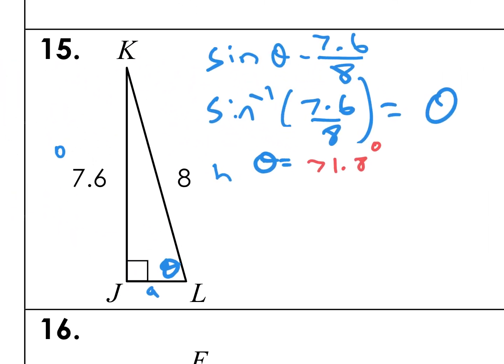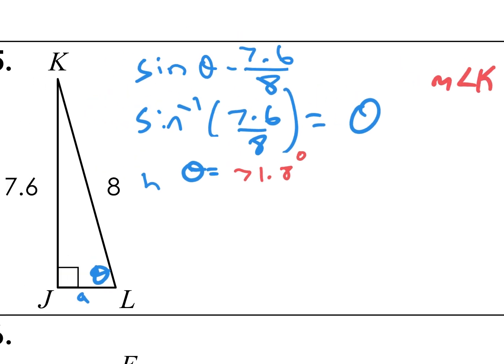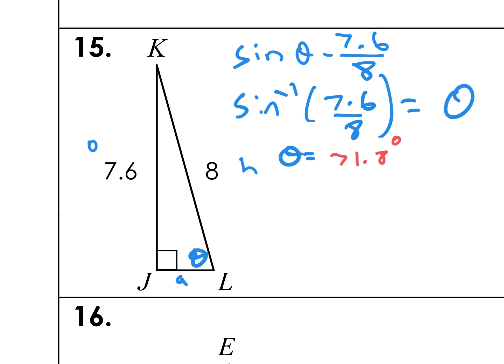Now, is there a fast way to get the measure of angle K? You could do trig if you want. But what do you know about all three of those angles, J, K, and L? What do they add up to? 180. What do you know about K and L together? J is 90, so you add those and subtract from 180.